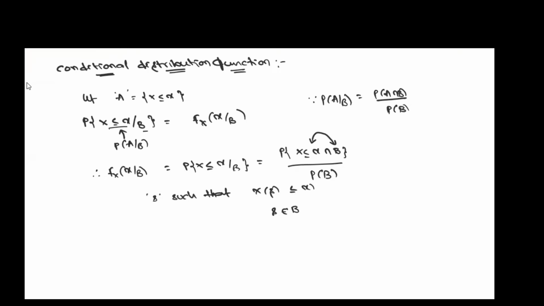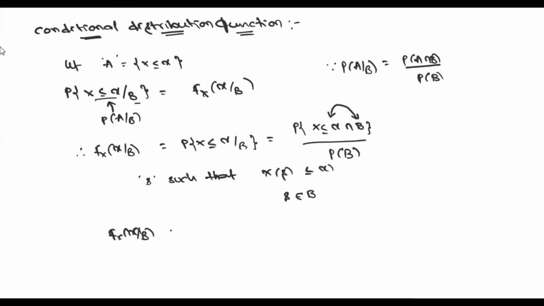The conditional distribution function applies to discrete, continuous or mixed random variables. So now I am taking F_X(x|B) is equal to sigma i equals 1 to n probability of x_i given B times u(x minus x_i). So now I'm taking X as a discrete random variable.